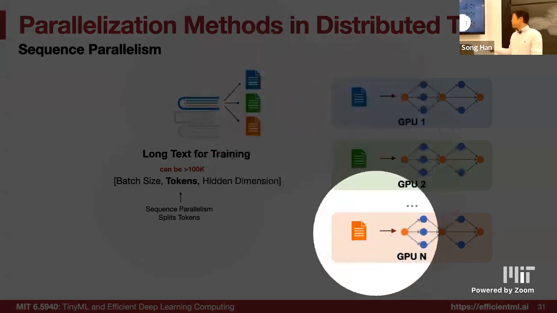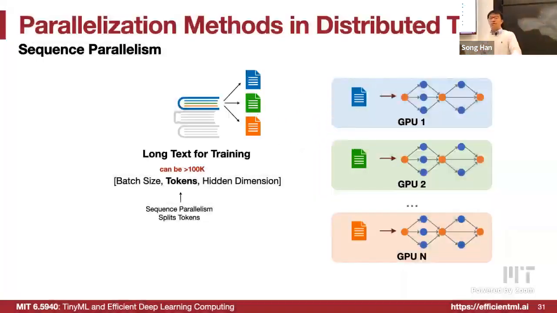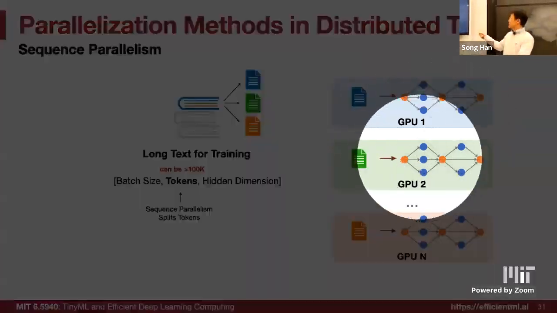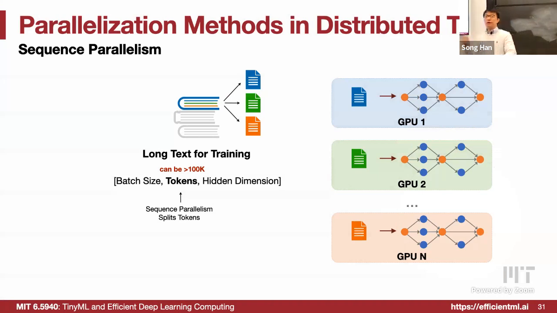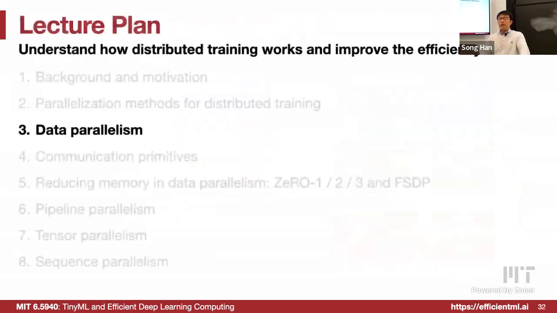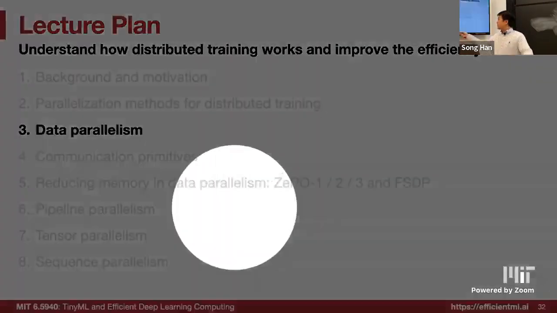So each GPU has the entire model, but it's only responsible for processing part of the sequence. Since the total sequence is too long, each GPU just processes part of it. So that's sequence parallelism. This is a quick overview of the 4 different parallelization approaches.